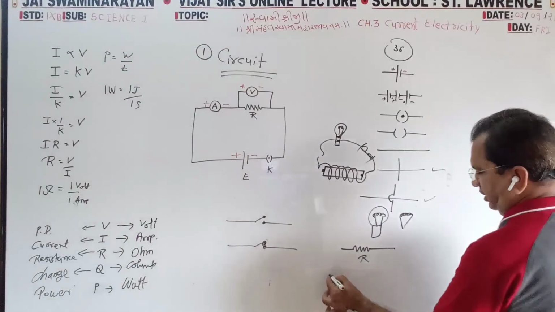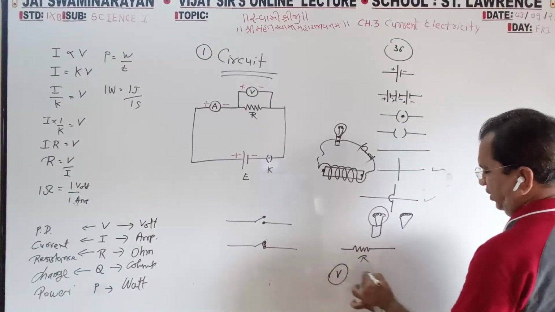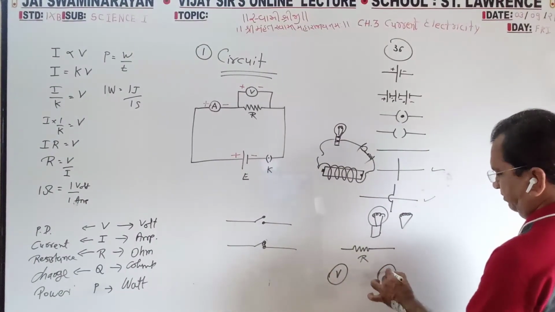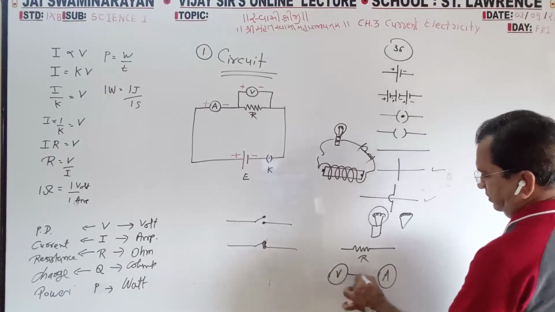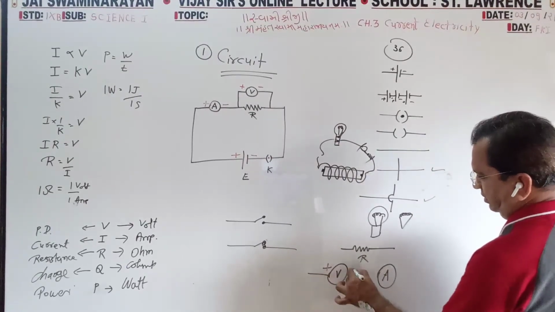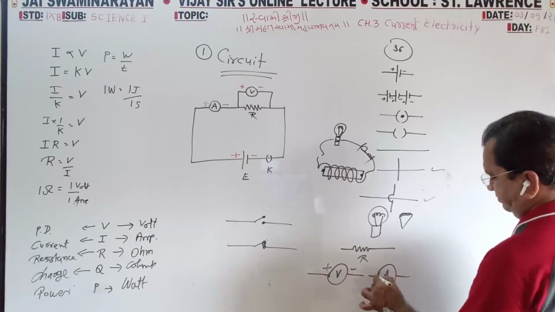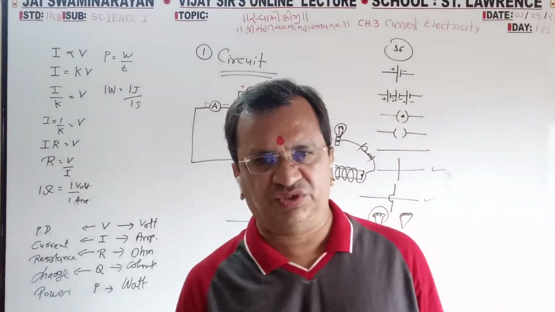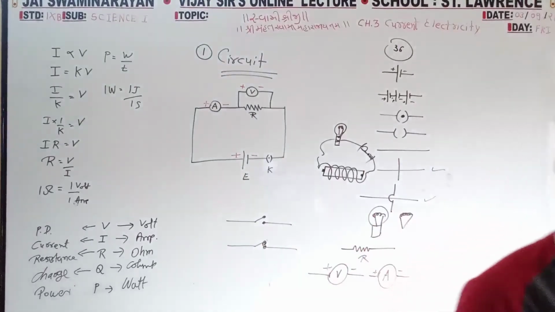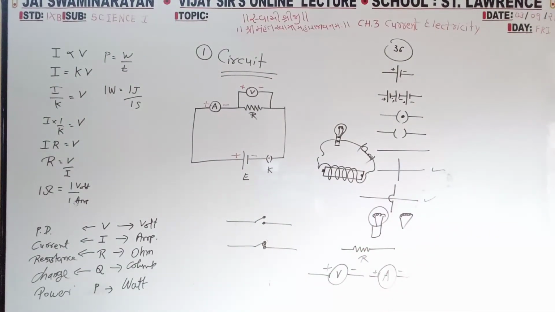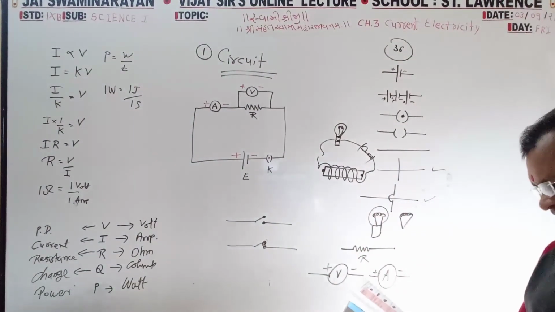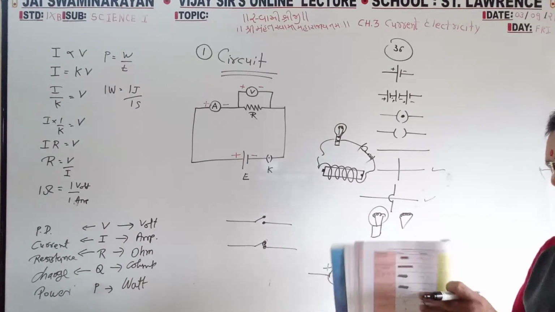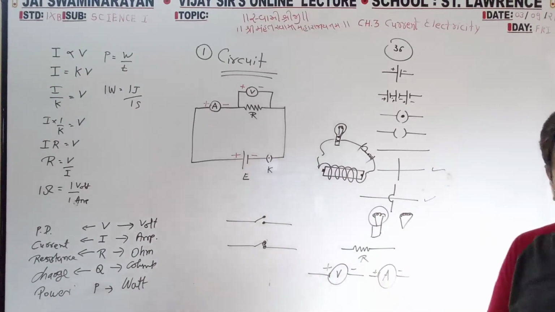And 2 machines, V for voltmeter, A for ammeter. In that any part, 1 positive, 1 negative. Like this. So symbols are very useful.